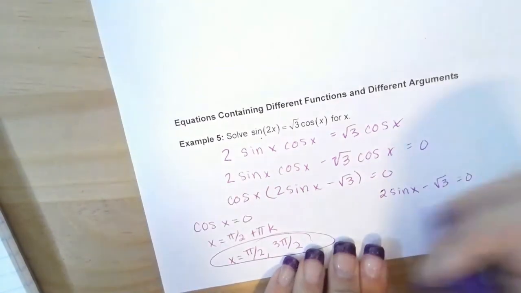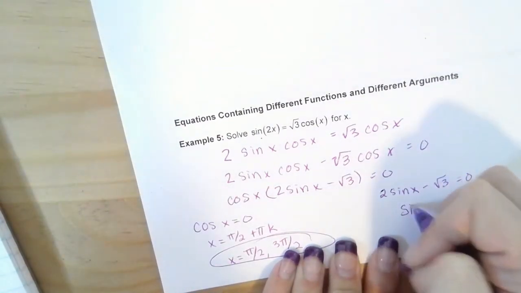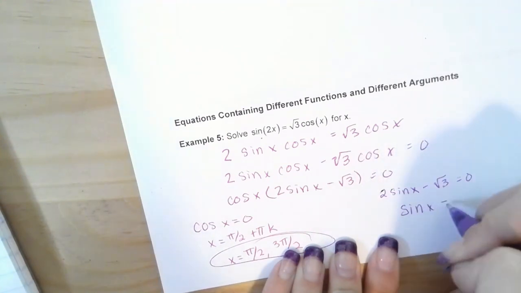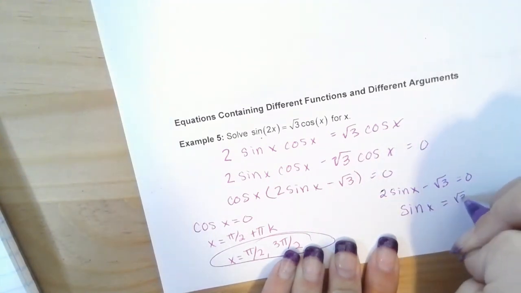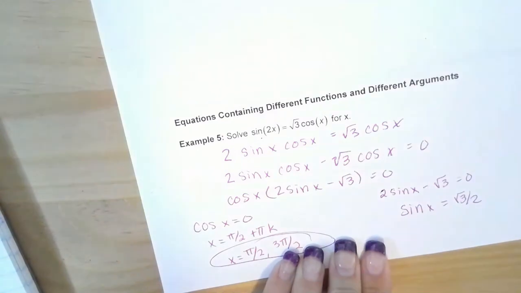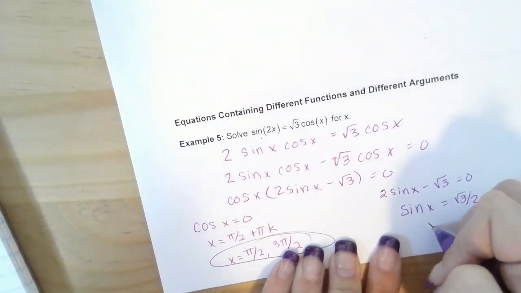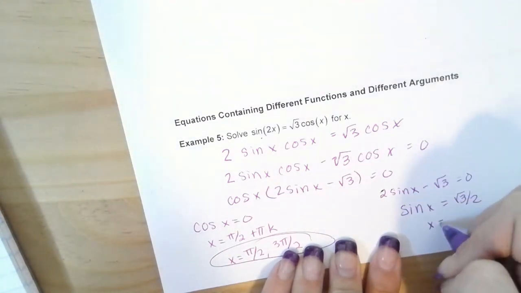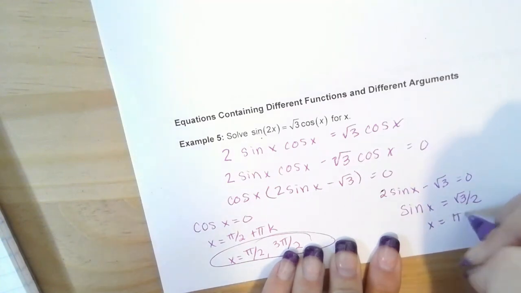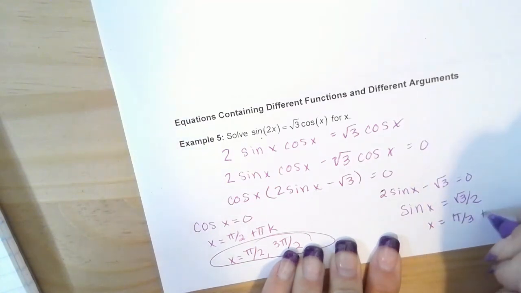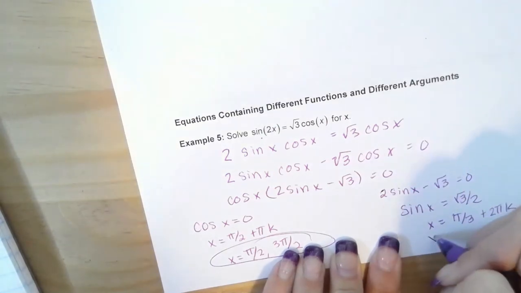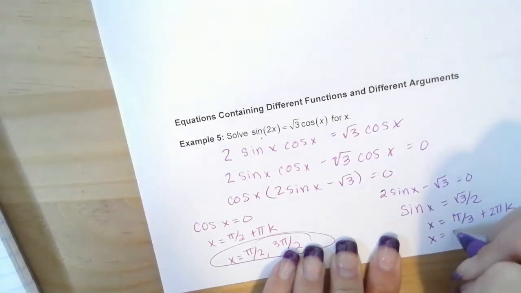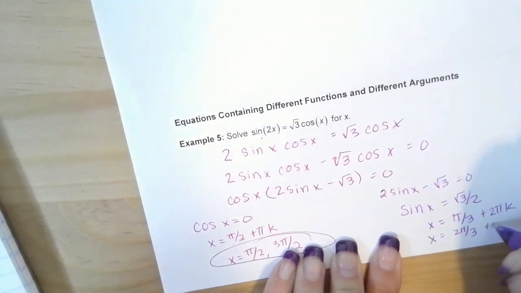When we get our trig function alone, we get sine x equals square root of 3 over 2. Well, this is nice because these are all on the unit circle. So this happens at pi over 3 and every 2 pi k, and it happens at 2 pi over 3 and every 2 pi k.